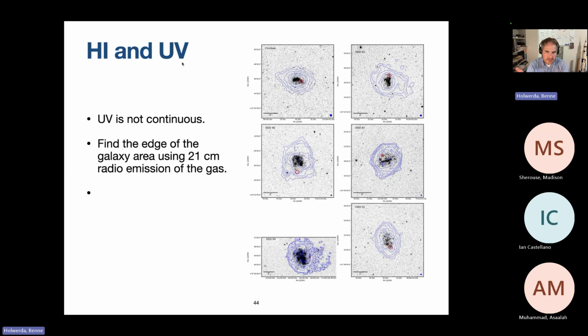It's not a background galaxy or a background source of any kind. So you see the little red dots everywhere. This is where the authors went through and found dots around what they thought was the outermost dot, these outermost star-forming regions for this galaxy.